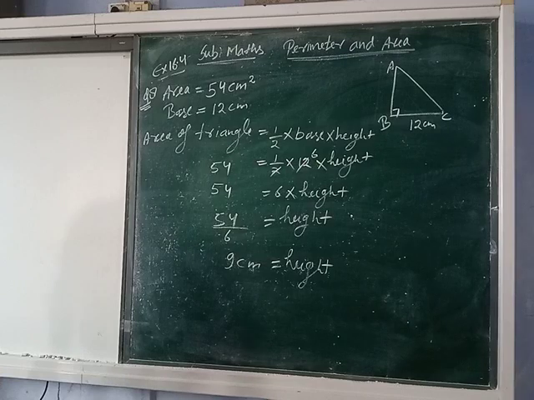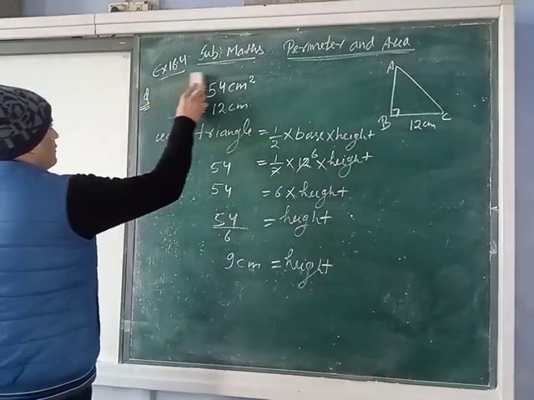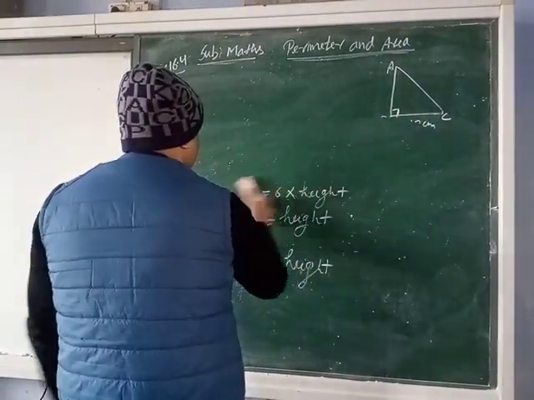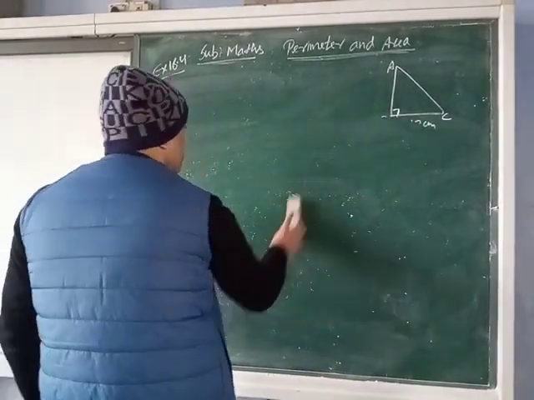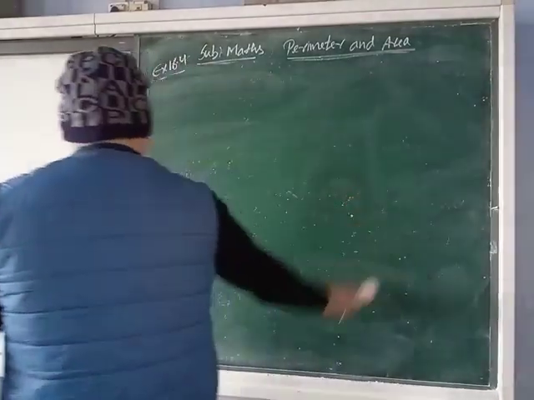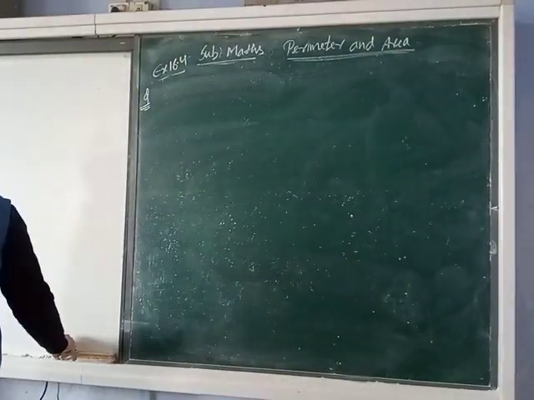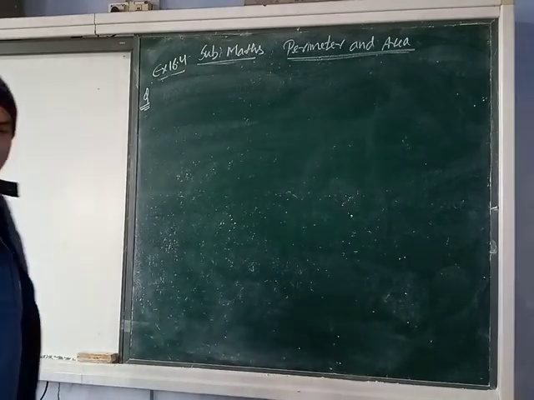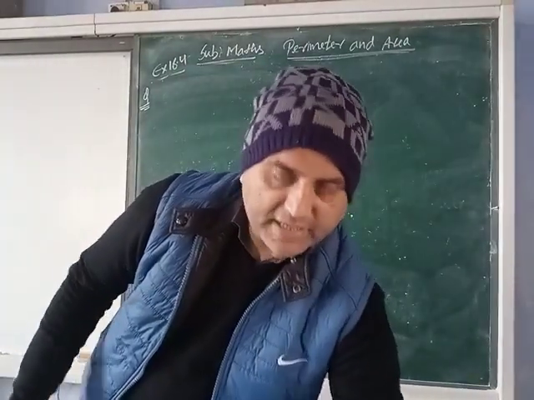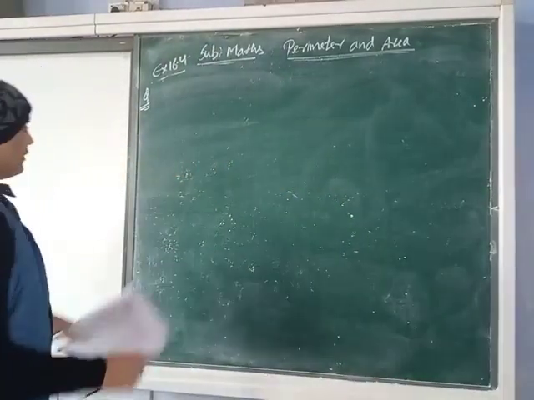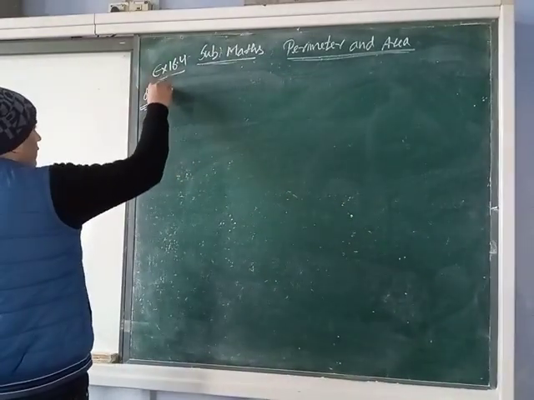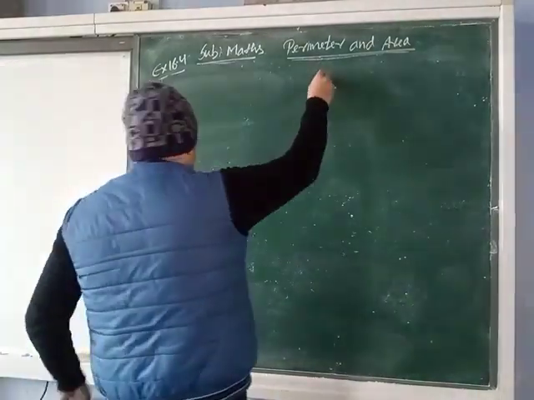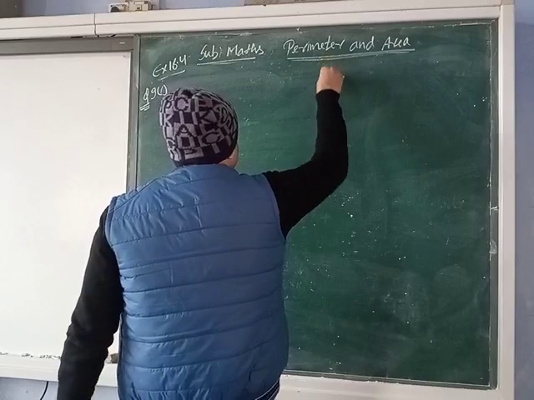Next, question number 9. In question number 9, also there will be 2 questions in which diagrams are given. Question number 9. First, draw the figure of the given triangle.